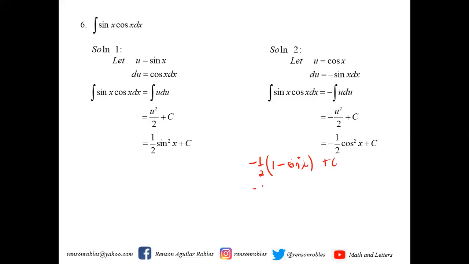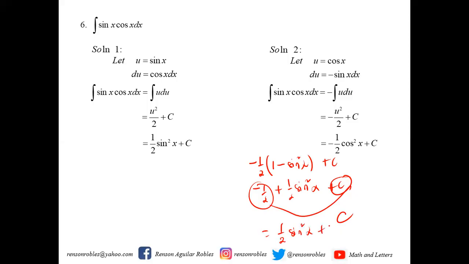And then multiplying negative 1/2 by 1, then plus negative 1/2 times negative sine squared x, that's positive 1/2 sine squared x plus c. Remember, this is a constant. This is also a constant. When added, that leads us to another constant. So finally, that will become 1/2 sine squared x plus c, and we have achieved our purpose of making these two expressions equal.